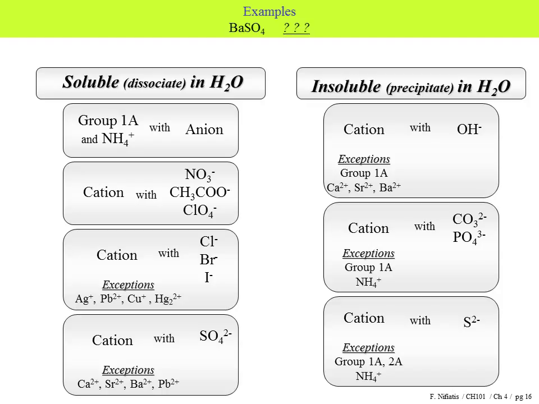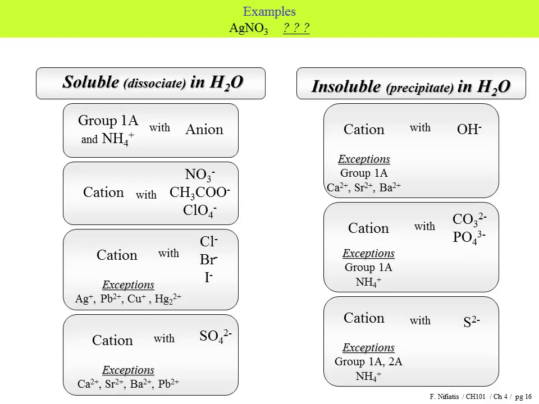Barium sulfate, what do you think? Is it soluble or insoluble? Well, the sulfates are here, all of them are soluble with a couple of exceptions. The barium is an exception, so the barium sulfate is not going to be soluble, it's going to be insoluble. Next one, silver nitrate.